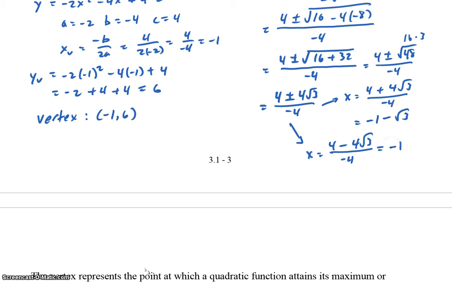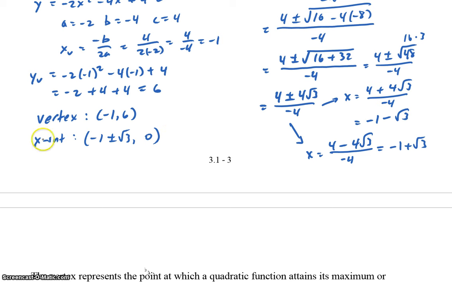Negative 4 over negative 4, positive 1, so plus the square root of 3. So the x-intercepts would be basically negative 1 plus or minus the square root of 3, comma 0. And again, that's what we obtained previously in example 2b.